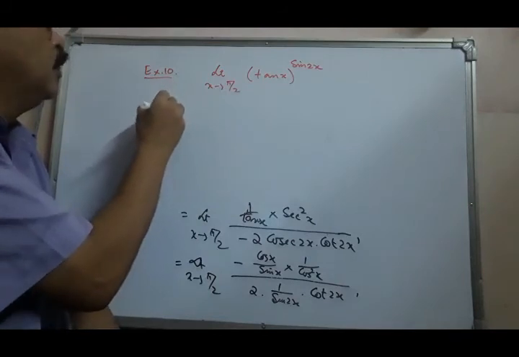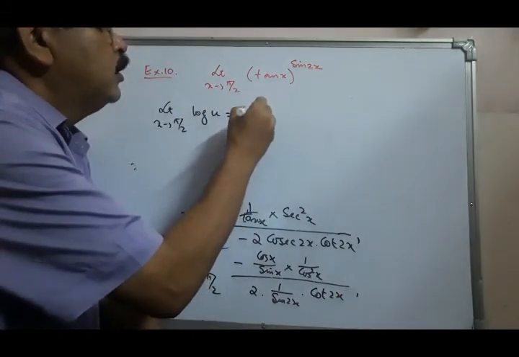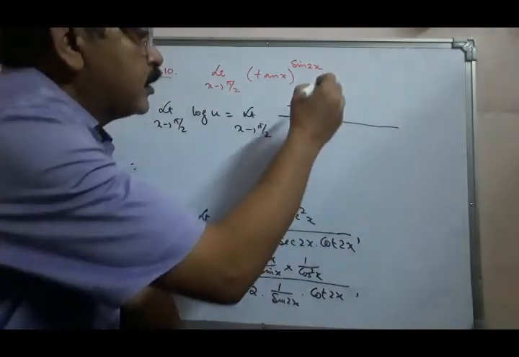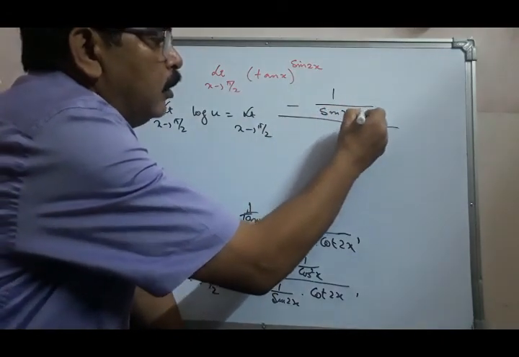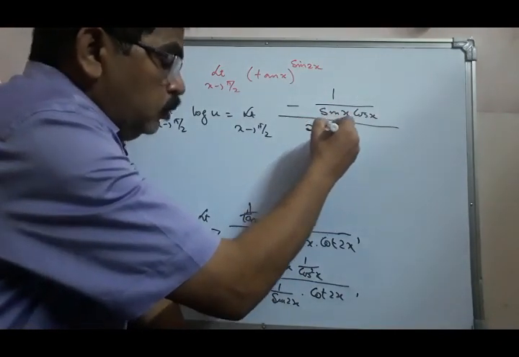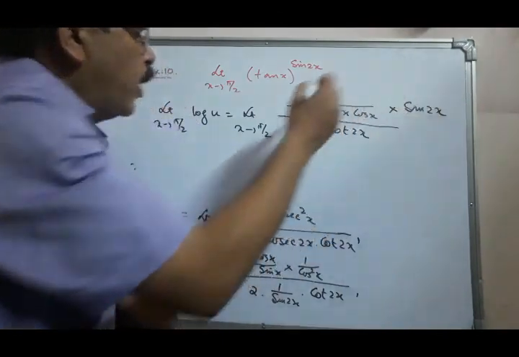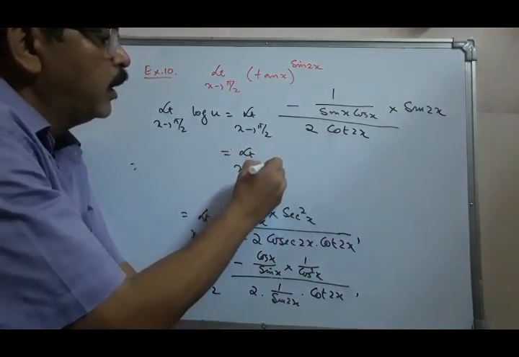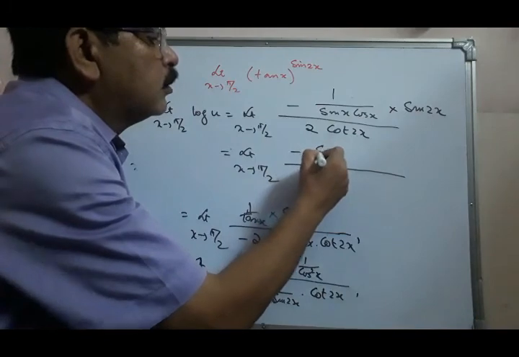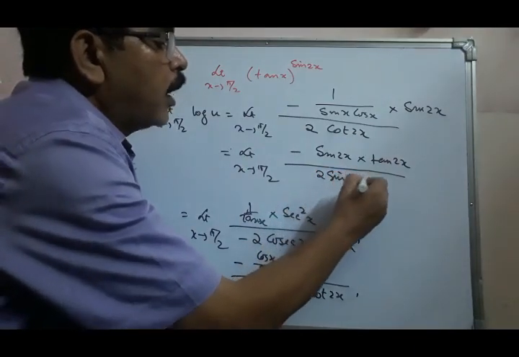So therefore limit x tending to pi by 2 log u equal to limit x tending to pi by 2 minus 1, cos x gets cancelled, 1 by sin x into cos x divided by 2 cot 2x into sin 2x, that is limit x tending to pi by 2, it becomes minus sin 2x, tan 2x, 2 sin x cos x.